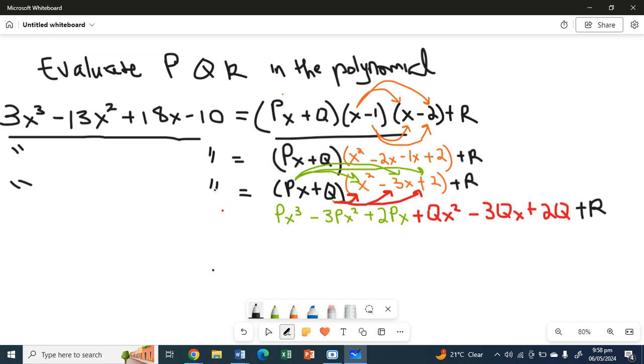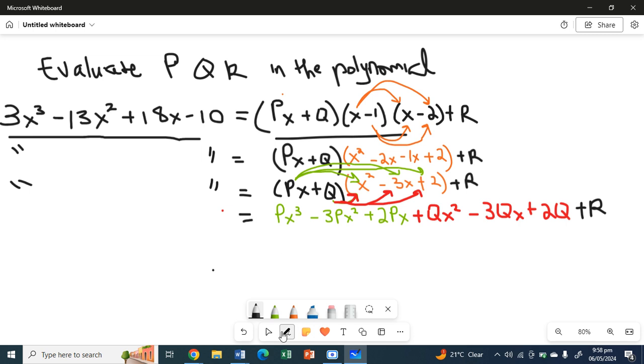So yes, any questions? Remember, we're still in the first step, where we're simplifying the left-hand side. Once you've simplified it, you want to put it in the format of a polynomial, and then we can equate the coefficients.